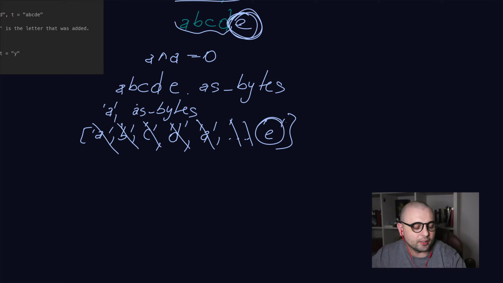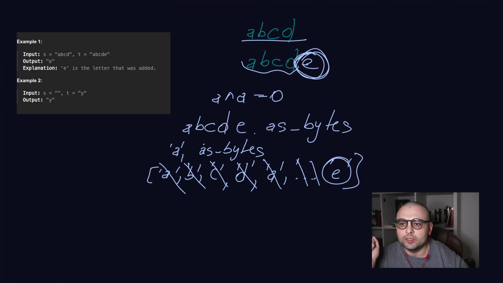So let's try to code it. But before that, let's see what the time and space complexity of this solution will be. So what do we need actually? We will need to iterate once over both the size of A and B. So we'll need to go one by one.